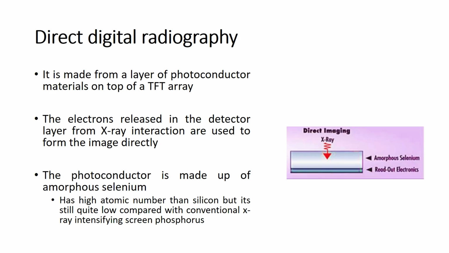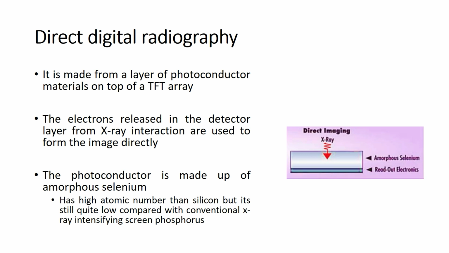After indirect digital radiography, we will discuss direct digital radiography. The direct digital radiography is made from a layer of photoconductor material, which is present on top of a TFT array. The electrons are released in the detector layer from the X-ray interaction, which are used to form the image directly.